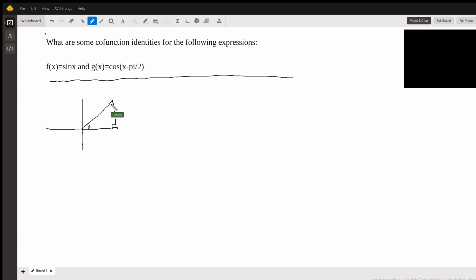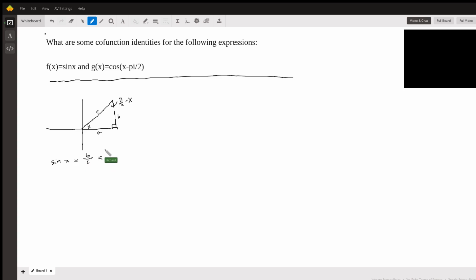Now, because these two angles have to add up to pi over 2, we could call that angle pi over 2 minus x. And we'll call this ABC here. And now you can see that the sine of x is equal to b over c.